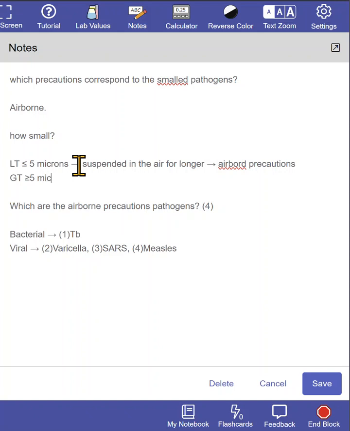Greater than 5 microns cannot be suspended for long periods, so you use droplet precautions.